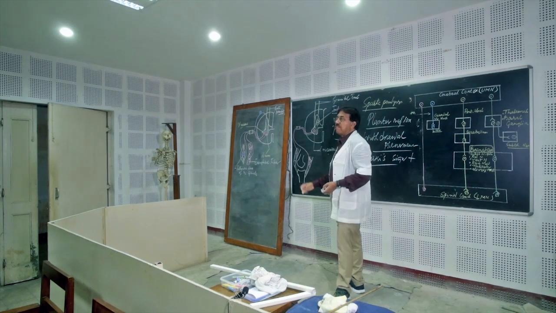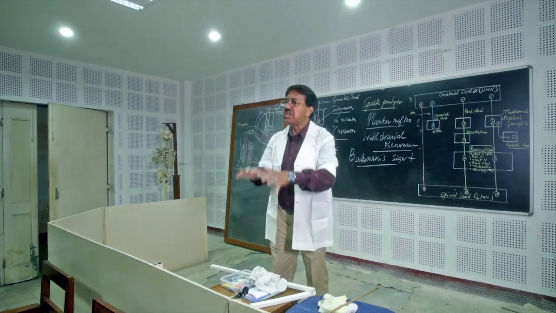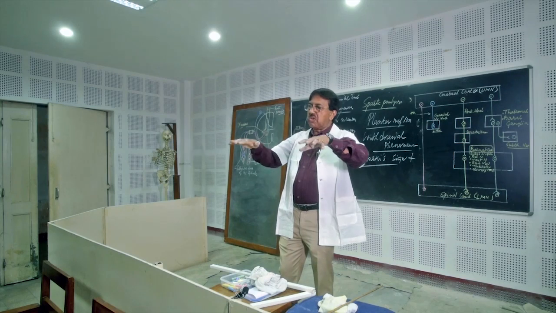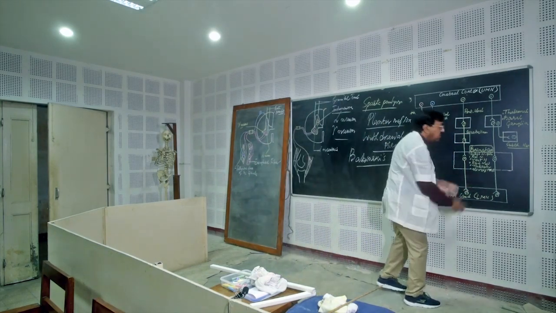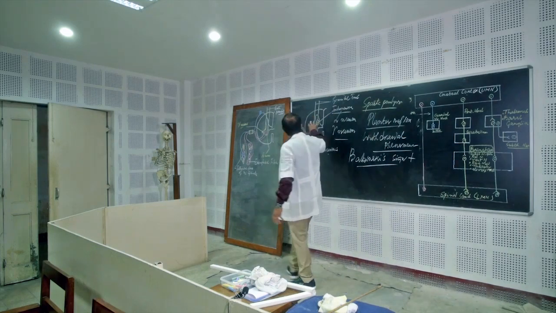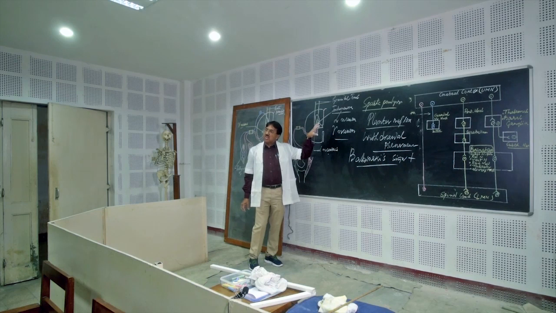In contrast to the upper motor neuron lesion, lower motor neuron lesion is very simple, because lower motor neuron lesion means spinal cord level. If there is a lesion at the spinal cord level, in the anterior horn cell, then everything is cut off.